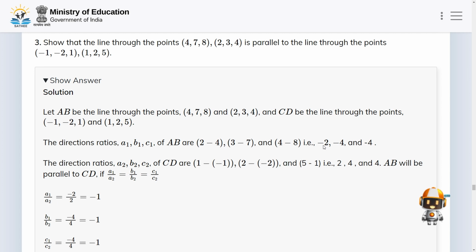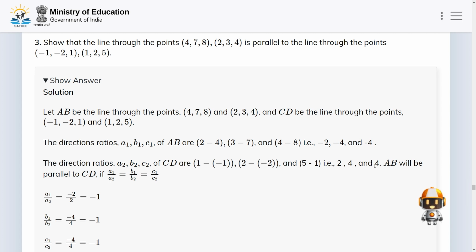As you can see, if you multiply with -1, you will get 2. The scalar you have used here is -1. This means now you have to apply the -1 to this -4, and for this also -4, and you will get the corresponding component.